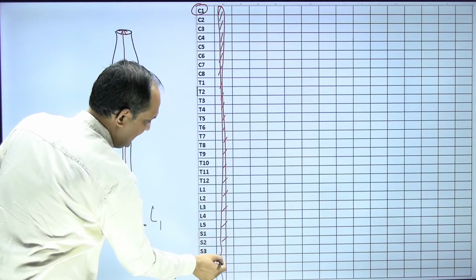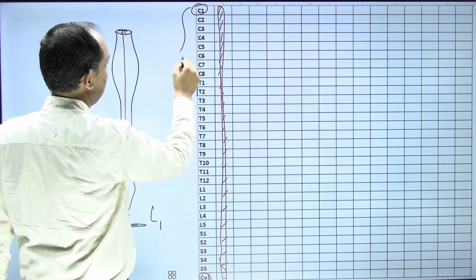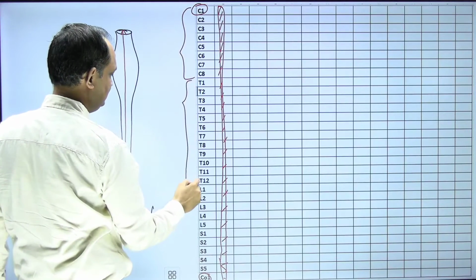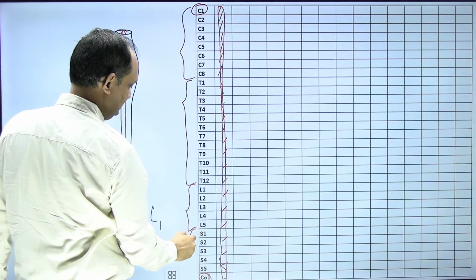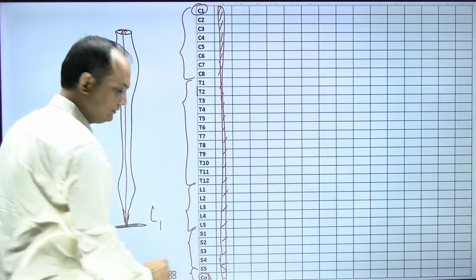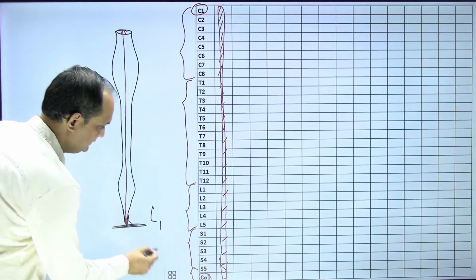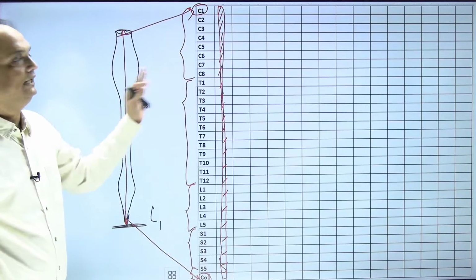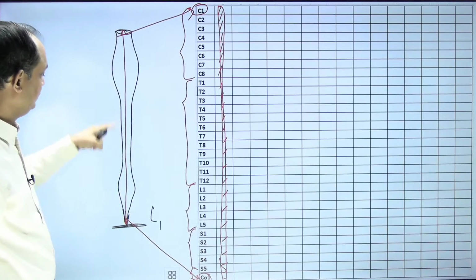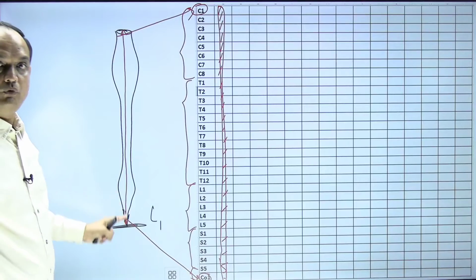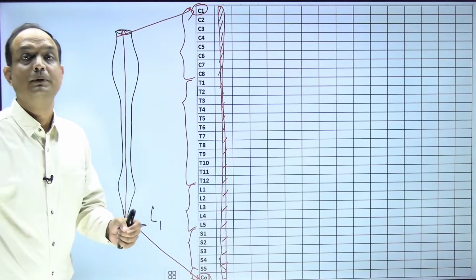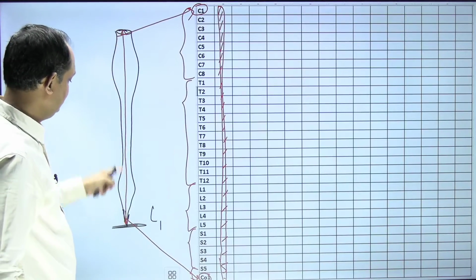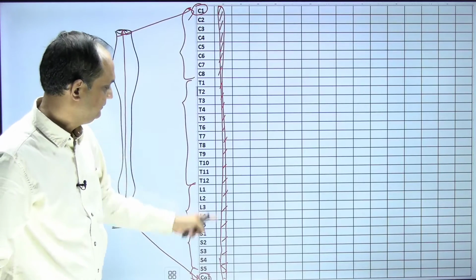Clear? This is your cervical segments, this is your thoracic segments, this is your lumbar segments, these are sacral segments, and this is the coccygeal segment. This is C1 here. So if I have to draw Rexed lamina 1, the supramarginal nucleus, I know it is present in the whole length, so I have drawn it.